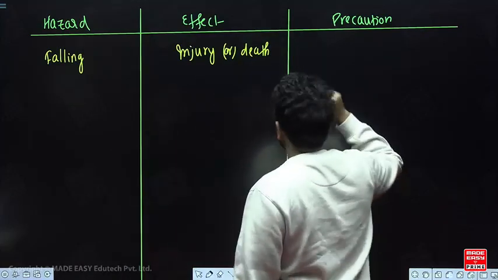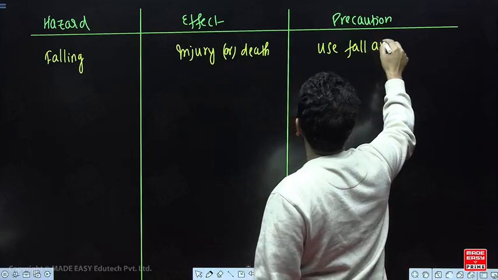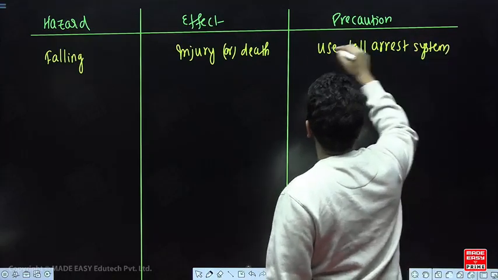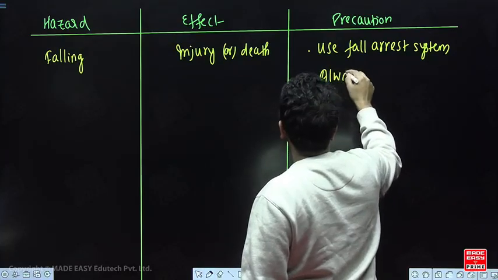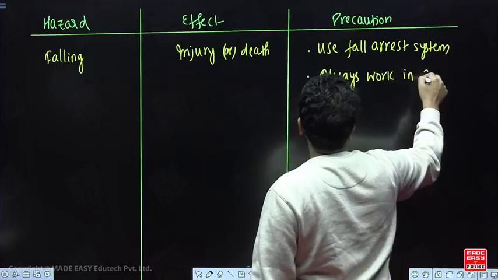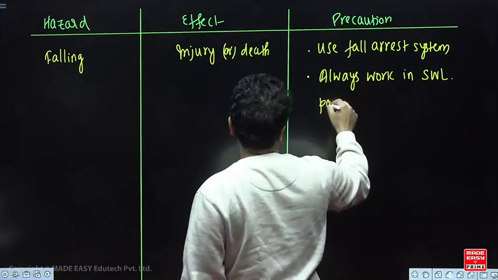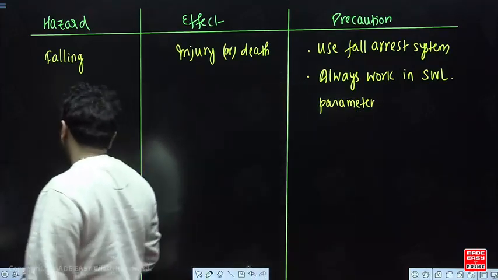Precaution: use fall arrest system, number 1. Always work in SWR, safe workload parameters, correct? Okay.